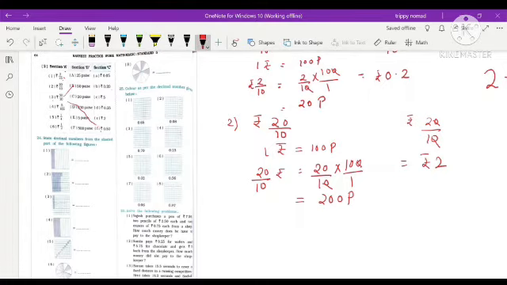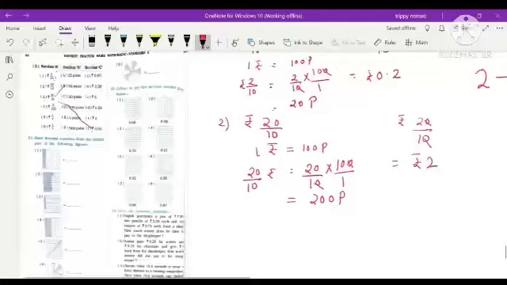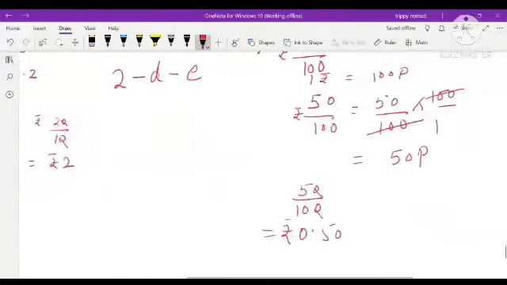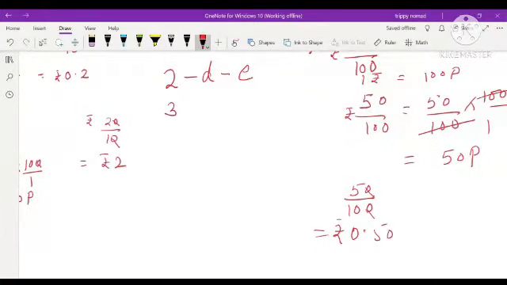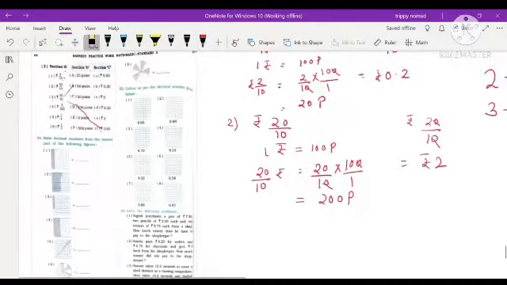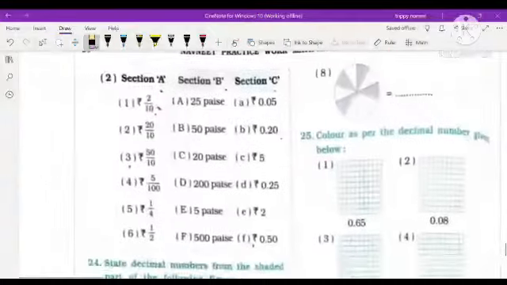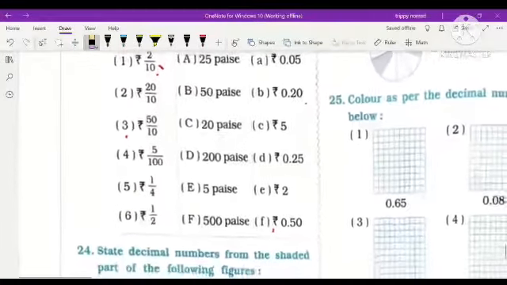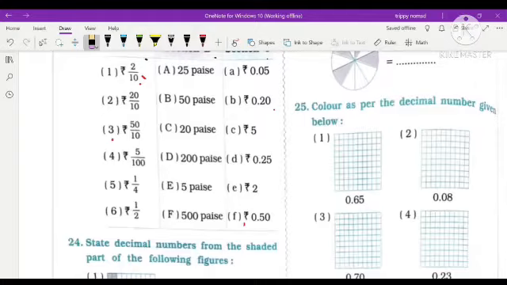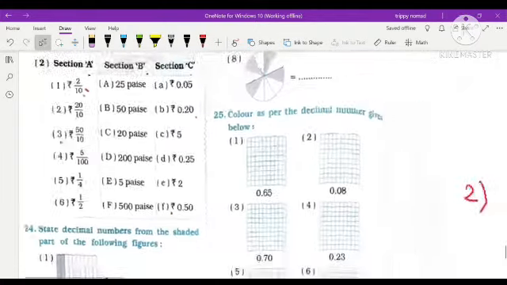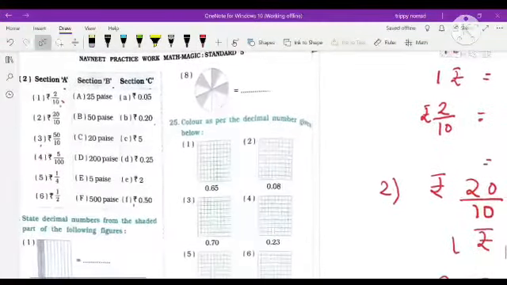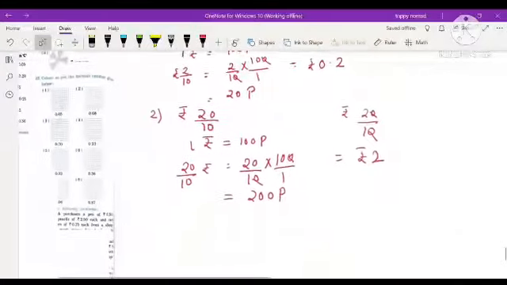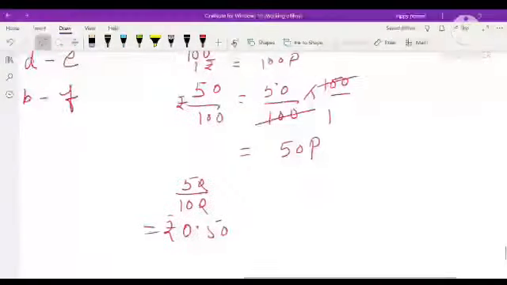I am not going to match the third part again. This third part is not according to the question, I have given it according to my sum. This answer will not match with the one given at the back, so don't rely on this answer of the third.